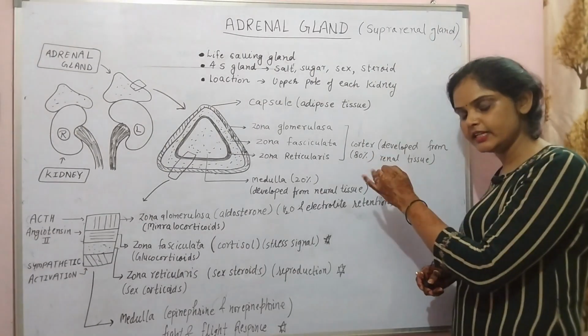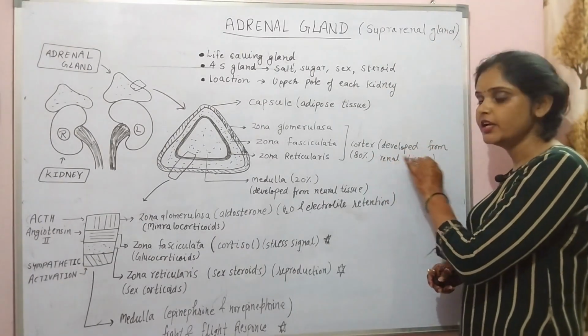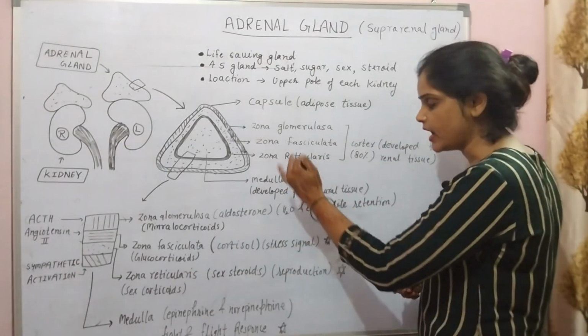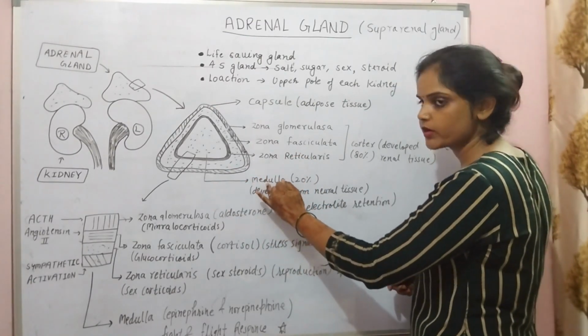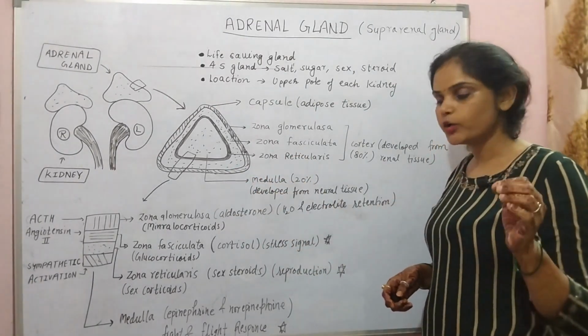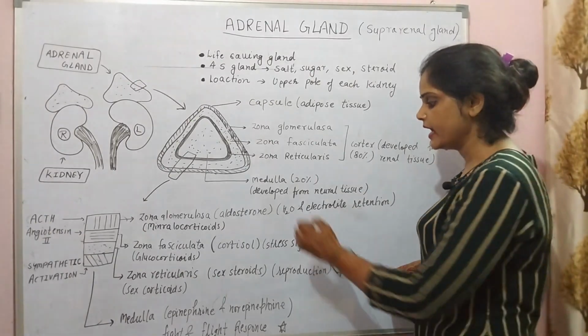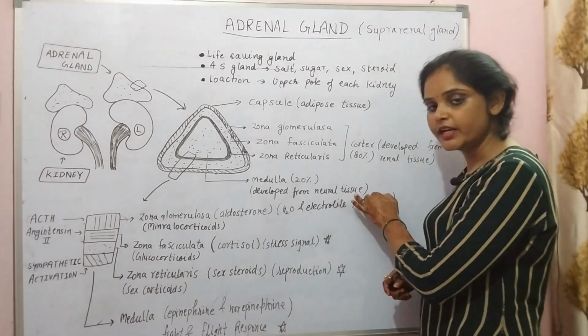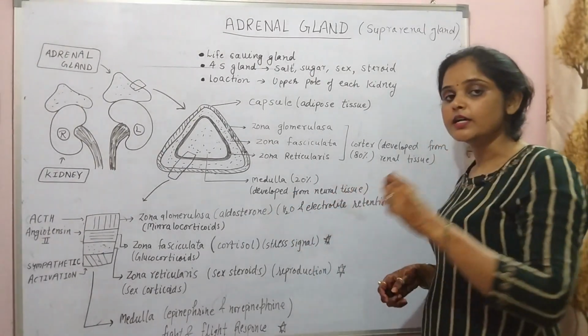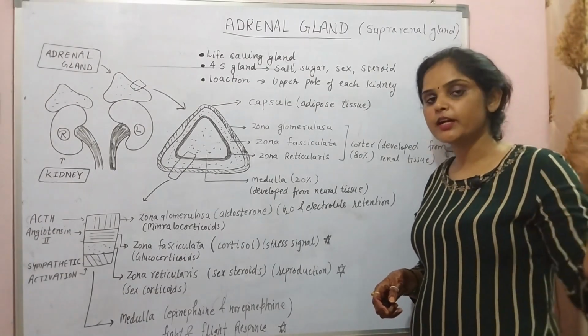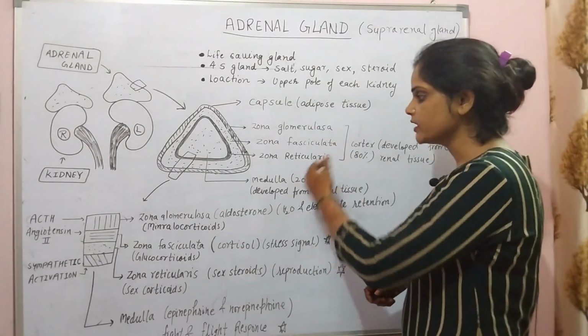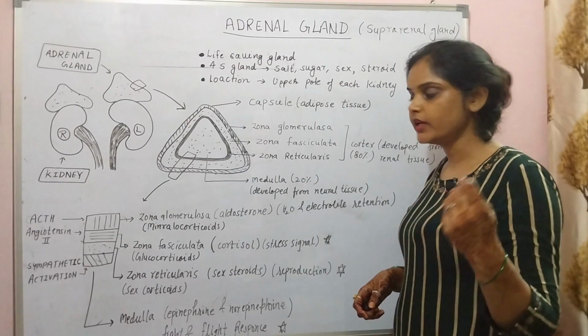Renal stands for the kidney. Another layer inside it is the medulla. It forms 20% of this gland, and it is developed from the neural tissue. Neural stands for the tissue which is under the control of your brain. So these are the two particular regions of this gland.